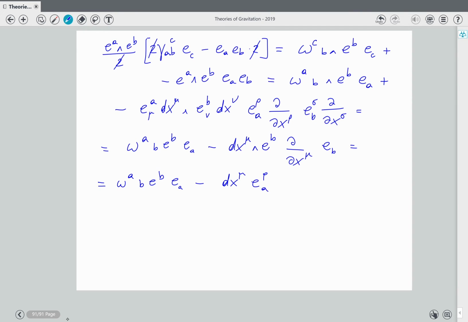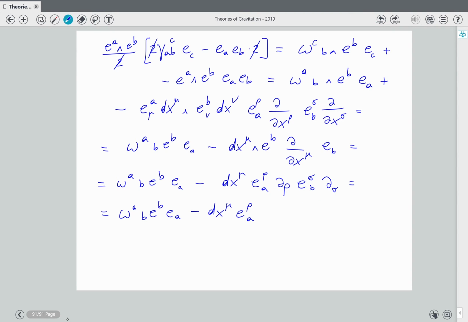E rho A partial rho E sigma B partial sigma, and we have two contributions, depending on whether we move the derivative to the right or not.